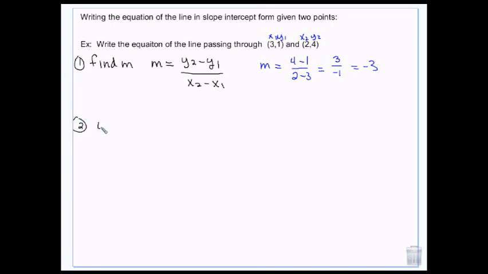Okay. Then I'm going to use either point and m to find b. Okay, following the steps that we've used before. So which point do you guys like better, 3, 1 or 2, 4? 2, 4? All right, so we're going to use 2, 4.